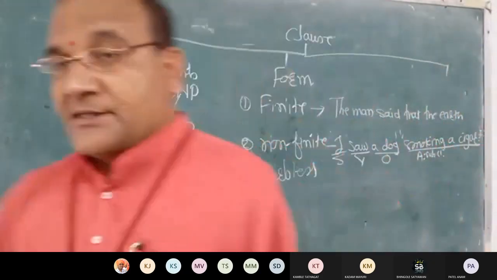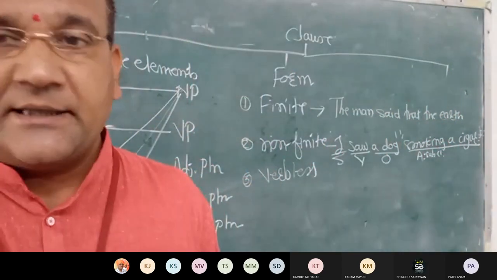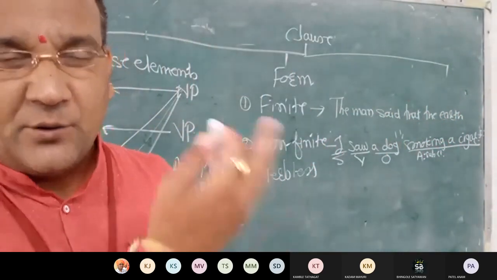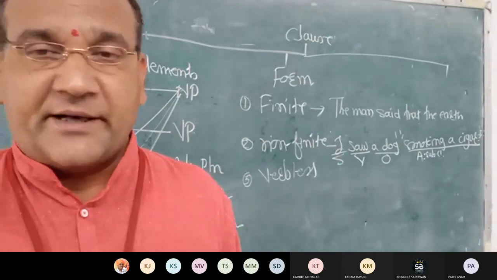Getting it? "Smoking a cigar" does not have any conjunction, any subject, and even the auxiliary part is missing, only the -ing form of the verb. That's why it is non-finite.